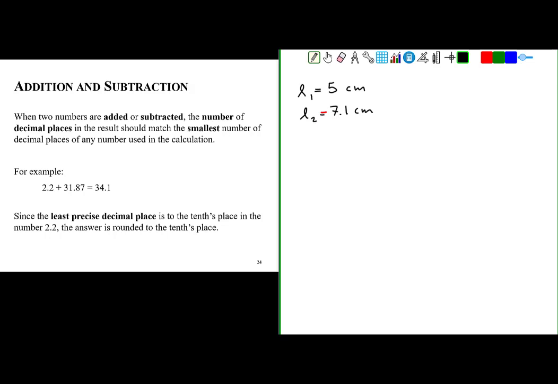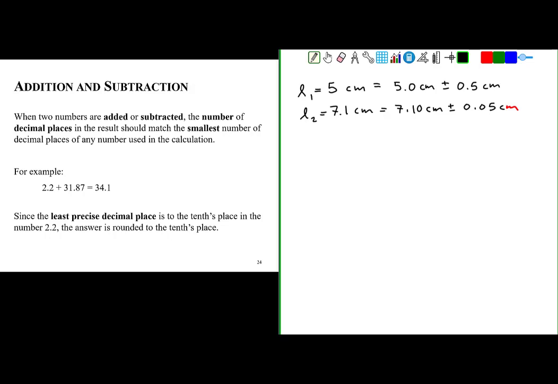Now, using the rule of uncertainty in significant figures, we know that 5 centimeters is equivalent to 5.0 centimeters plus or minus 0.5 centimeters. And we know that 7.1 centimeters is equivalent to 7.10 centimeters plus or minus 0.05 centimeters.